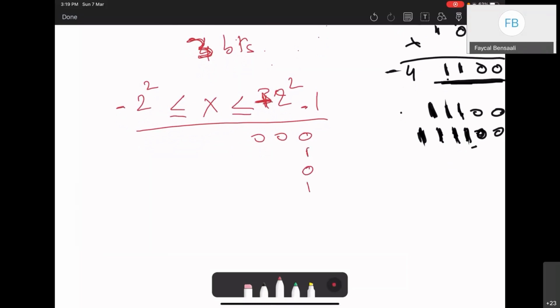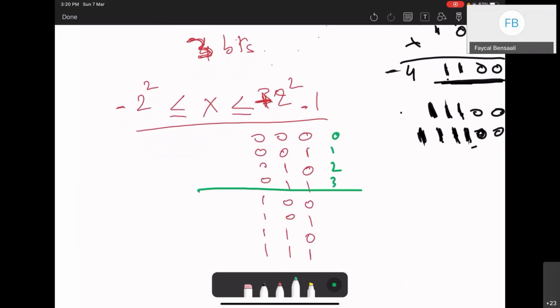0, 1, 0, 1, 0, 1, 0, 1, then 2 zeros, 2 ones, 2 zeros, 2 ones. So we say half of it is positive. So this is 0, this is 1, this is 2, this is 3. And then this is minus 4, this is minus 3, minus 1.